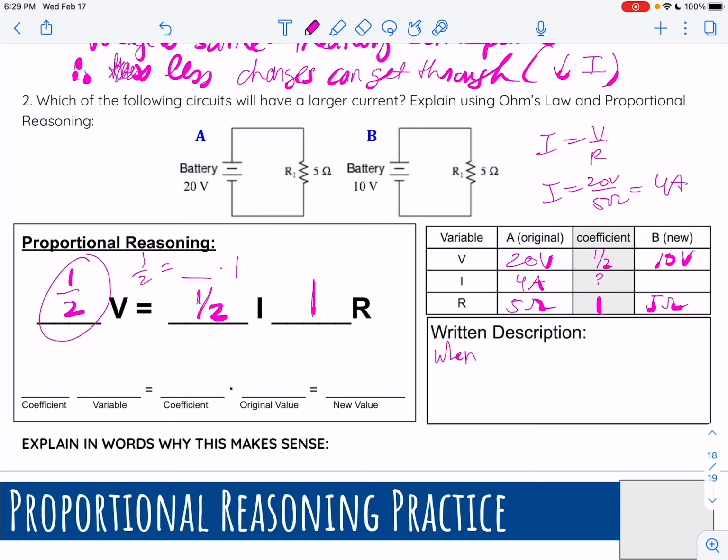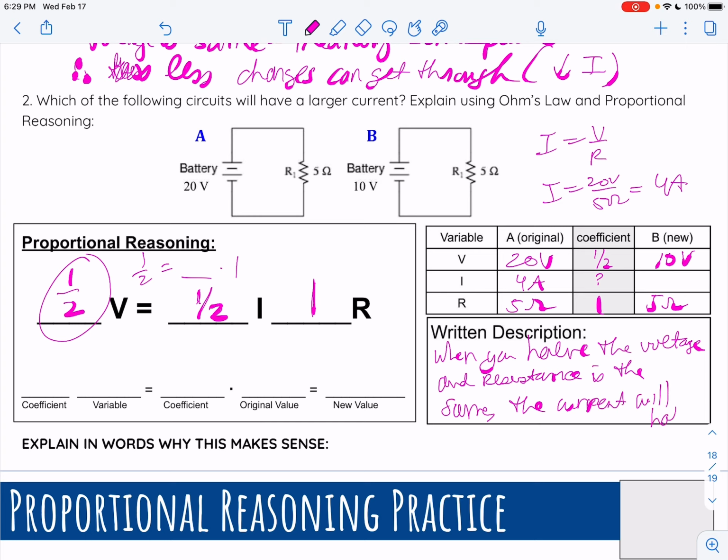So when you have the voltage halved and the resistance is the same, the current will halve. So that's what I was looking for.